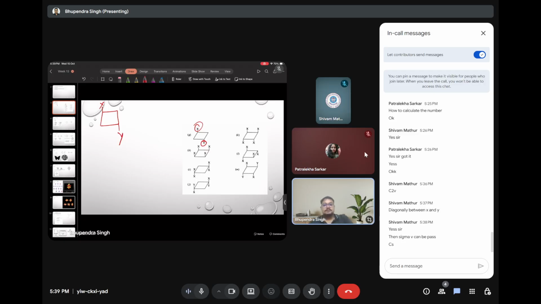Then we come to the C and D point groups. First we find the axis, then whether there is an axis perpendicular to it, then we find the plane. So this is the order. Did you get it?